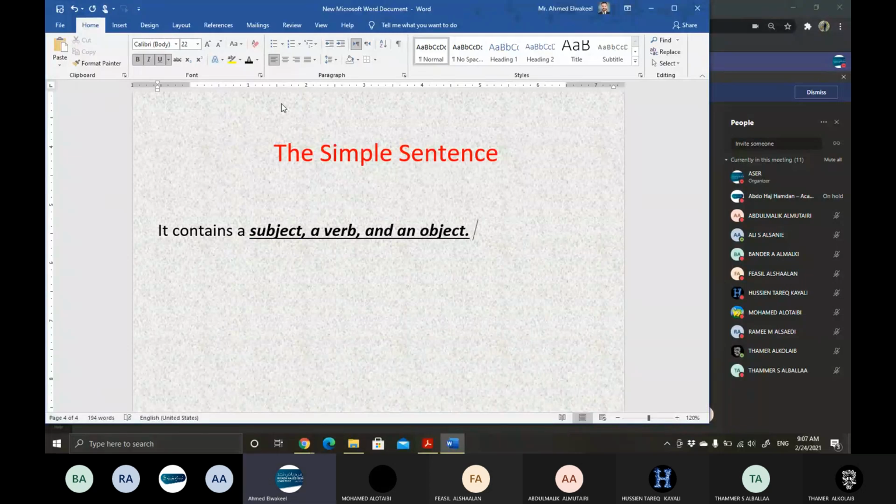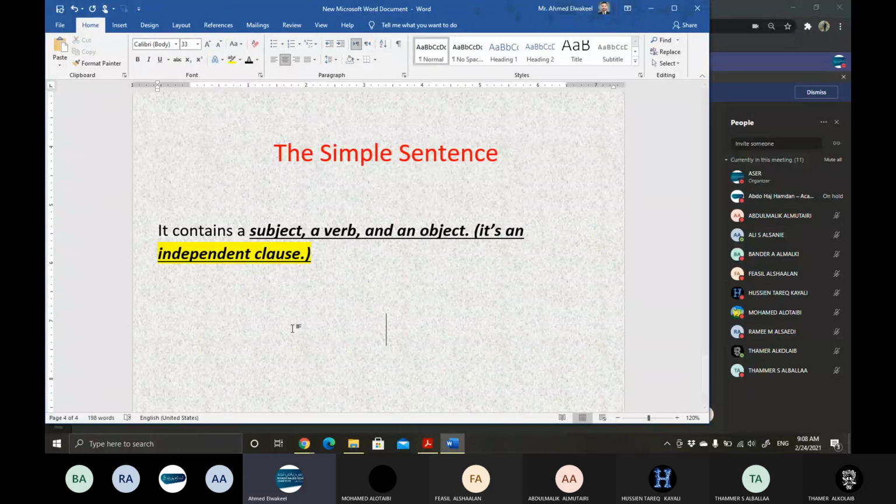Right? In other words, we can say it's an independent clause. That's the most important point. It's an independent clause.